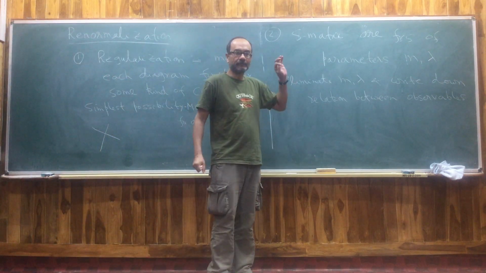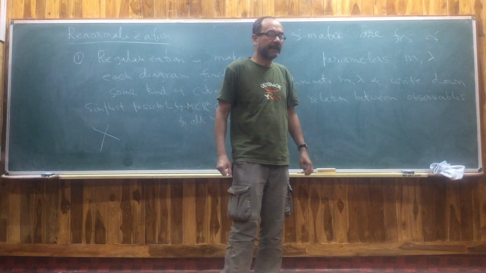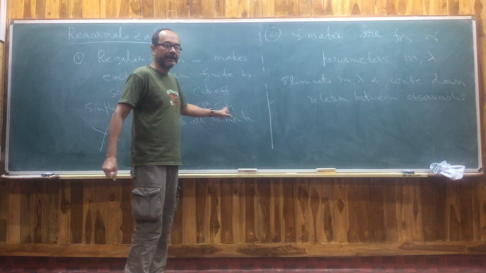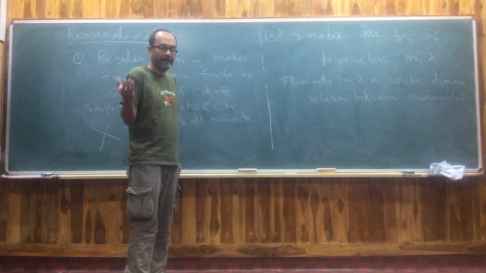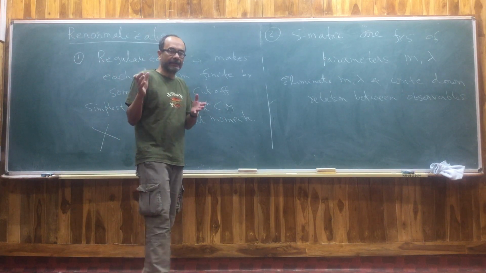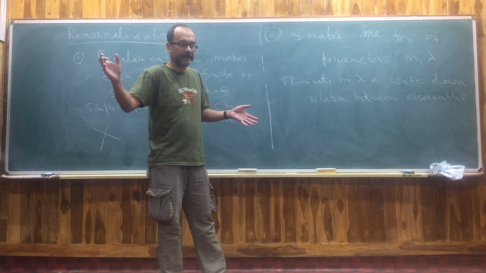So specifically, the limit capital M goes to infinity, because ultimately the original theory didn't have the cutoff. You are integrating the momentum from minus M to M, so eventually to get a sensible theory you have to take M to infinity.